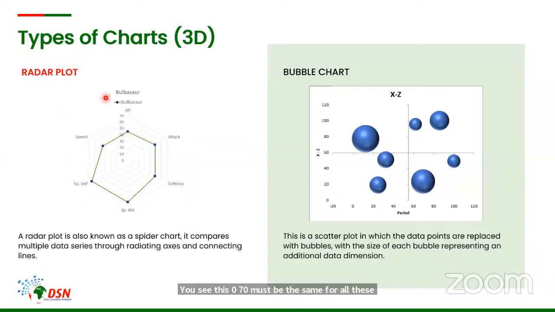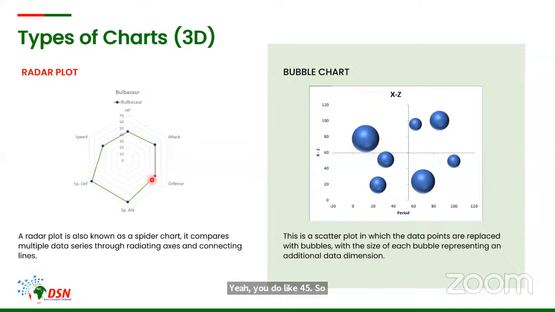And that is how we know that, okay, at this particular point, this one here is doing, say, 65, while this SP attack here is also doing like 65, while defense is doing like, say, 45.